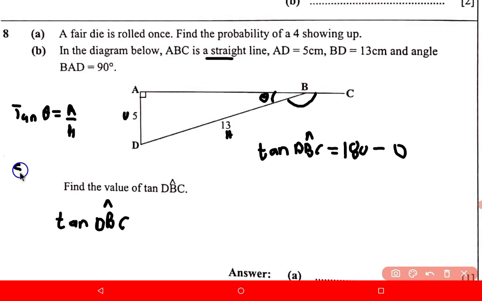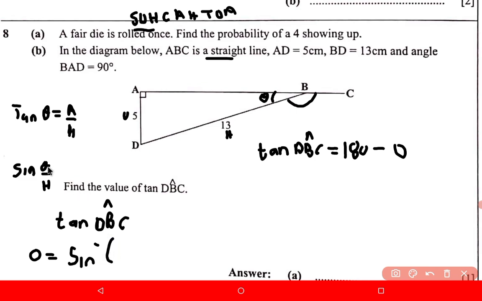So we use sine, which is opposite over hypotenuse. Remember, I'm just using SOHCAHTOA. So theta is equal to sine inverse of the opposite, which is 5, over the hypotenuse, which is 13.